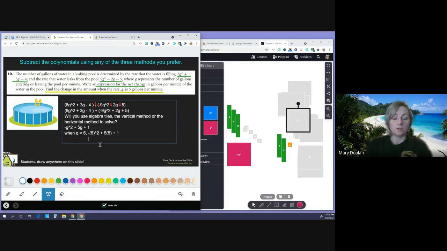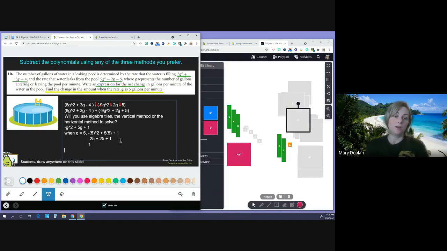Okay, so this is negative 25 plus 25 plus 1, which is then equal to negative 25 plus 25 is 0. 0 plus 1 is just 1.